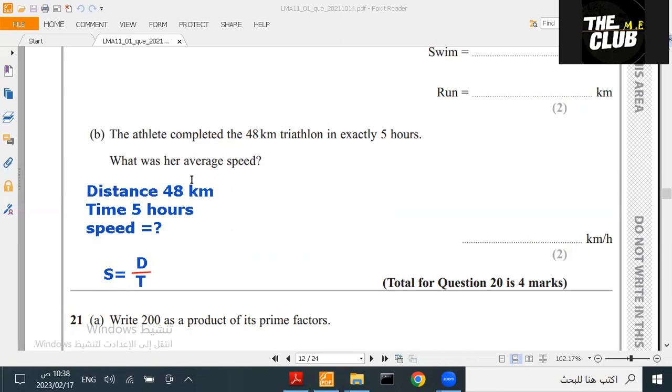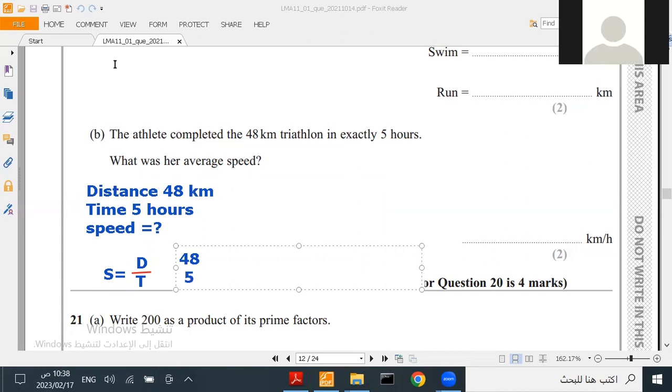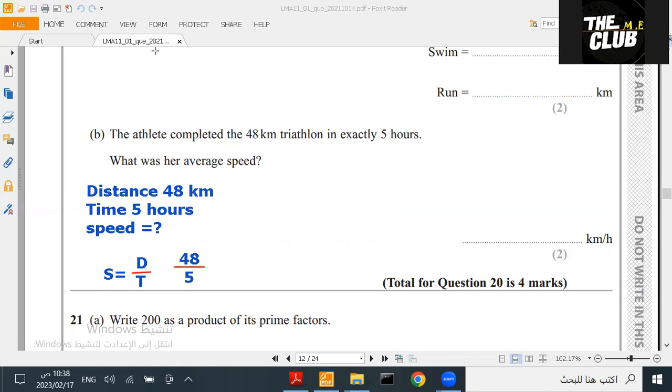So the distance is 48 divided by the time, which is 5 hours. So it's going to be 9.6. 9.6 what? Kilometers per hour.